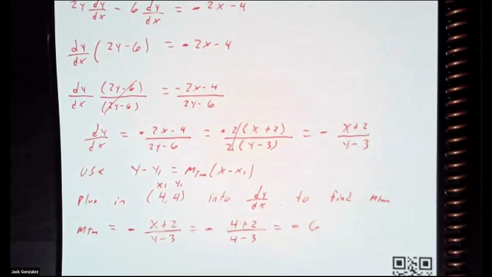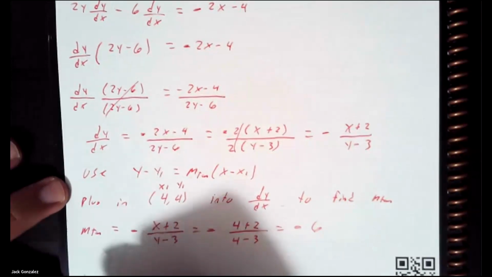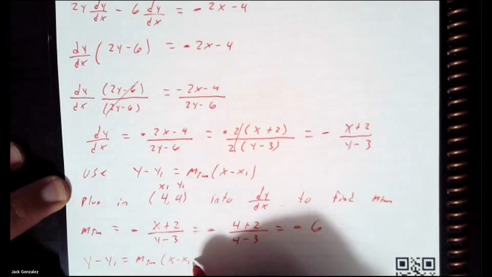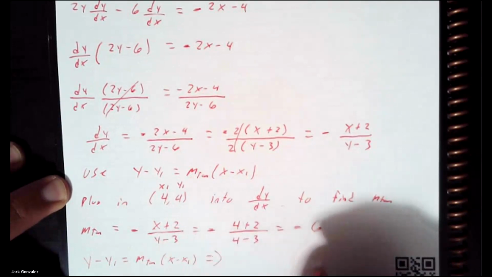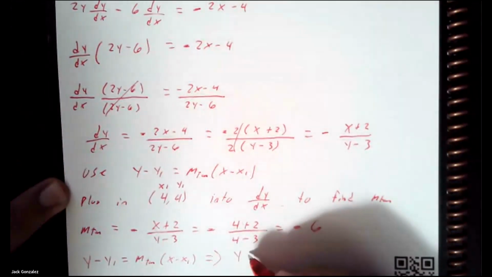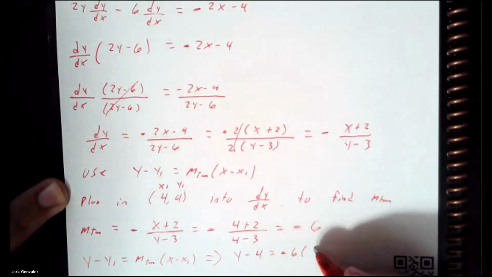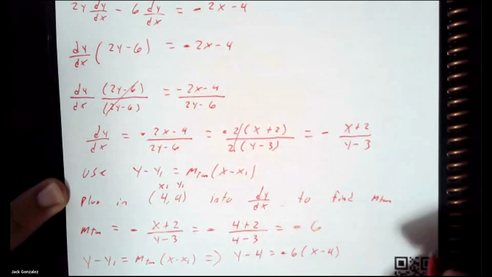Okay, so we got the slope. Now, y minus y1 equals m tangent times x minus x1, which is going to be y minus 4 equal to negative 6 times x minus 4.